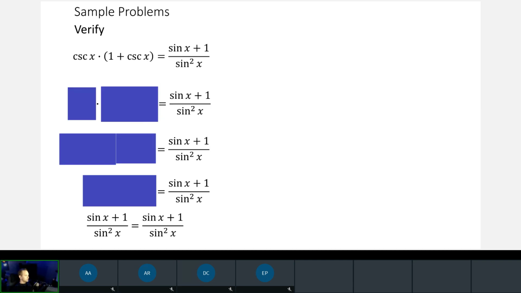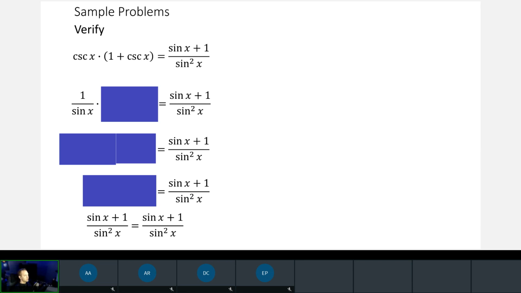All right, we're almost done, guys. That's my last example right here. All right, let's do this one quickly. I can see a lot of you are falling asleep and want this to be over. Cosecant is 1 over sine.